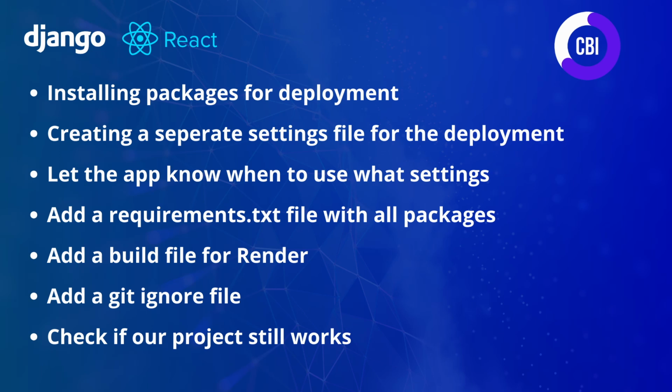Then we're going to tell our application when to use what settings, and we're going to be generating a requirements.txt file that lists all of the packages that we've used during development. Then we're going to add 2 more files, which is a build file for Render and a .gitignore file so that we don't take all of the files that we use to GitHub. And as a last step, we're going to be making sure that our project still works on our local computer.